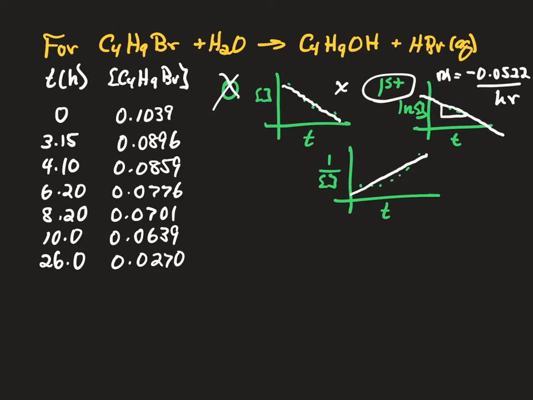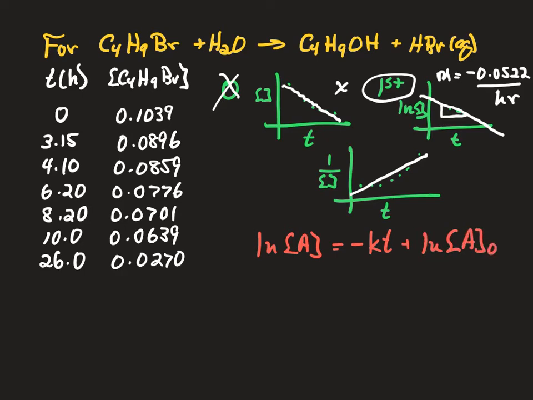If we go back to our integrated rate equation for a first order process, it was that the natural log of the concentration of A is equal to minus kt plus the natural log of the concentration of A0.